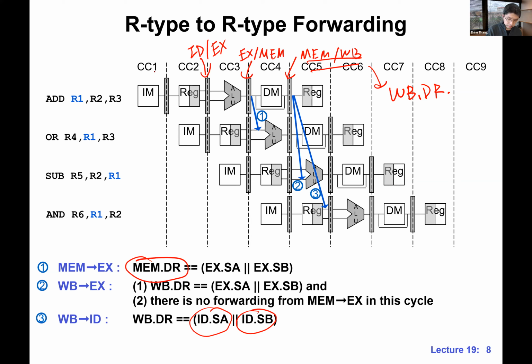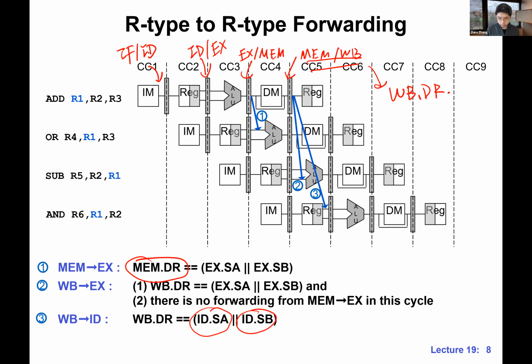Anyone? Very good, IF/ID. All right, these are the three forwarding paths for R-type to R-type. We only need these three different paths for R to R forwarding.